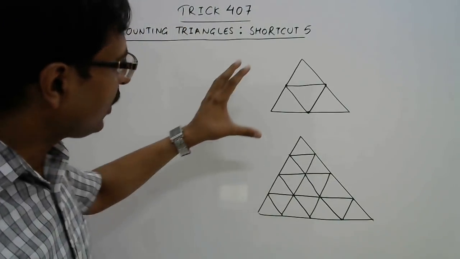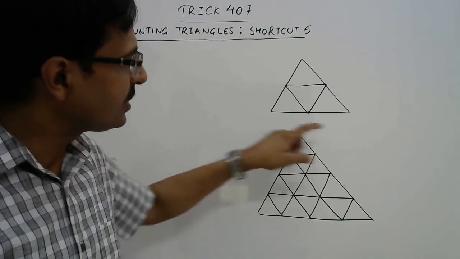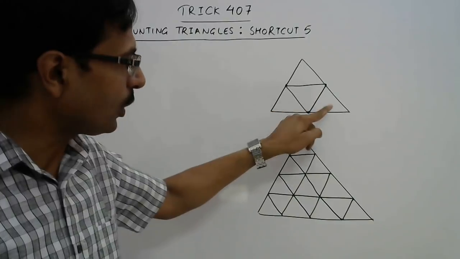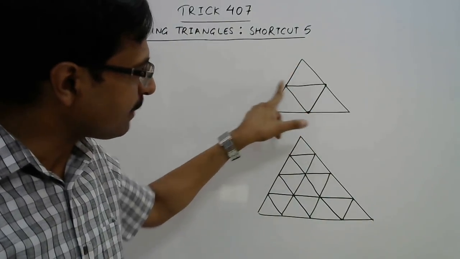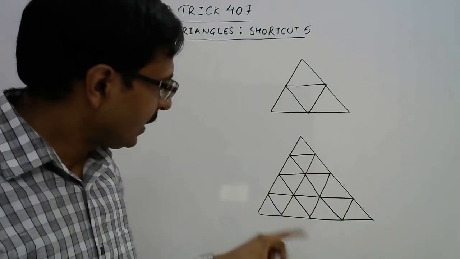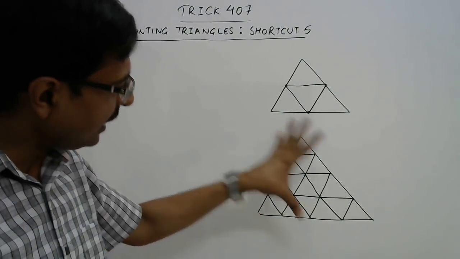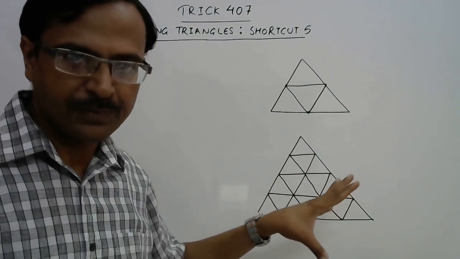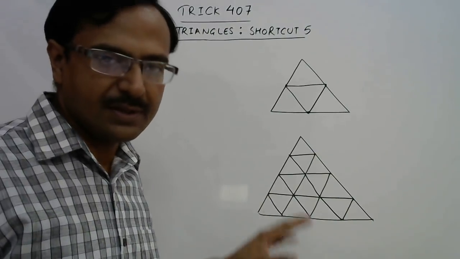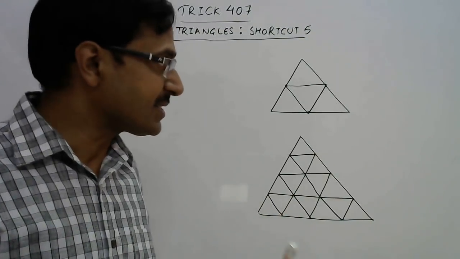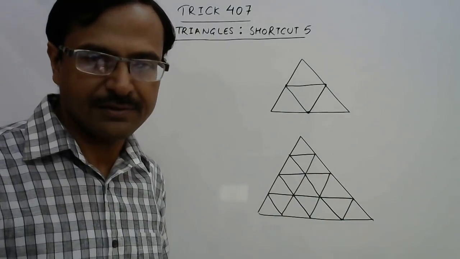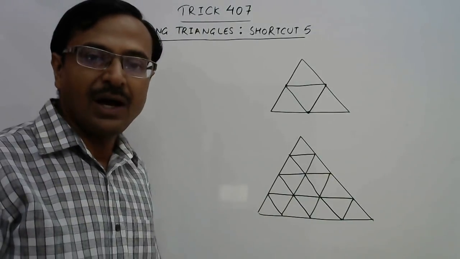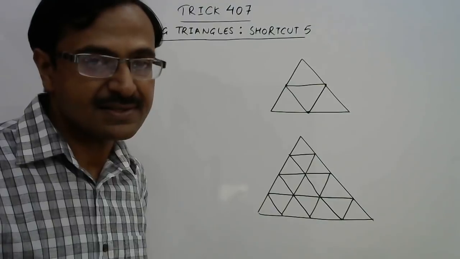Now see, observe this figure that a large triangle has been divided into smaller triangles by drawing lines parallel to the base. Here also you can see a large number of triangles in this figure. Now whenever you come across these kinds of figures, the first thing you have to observe is in how many parts the base is divided.